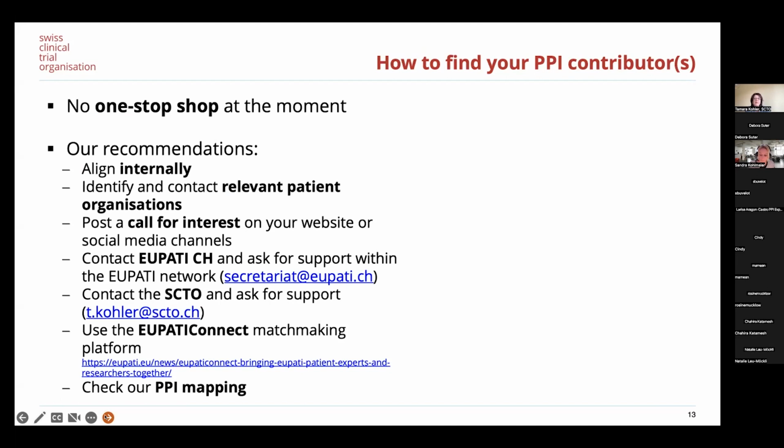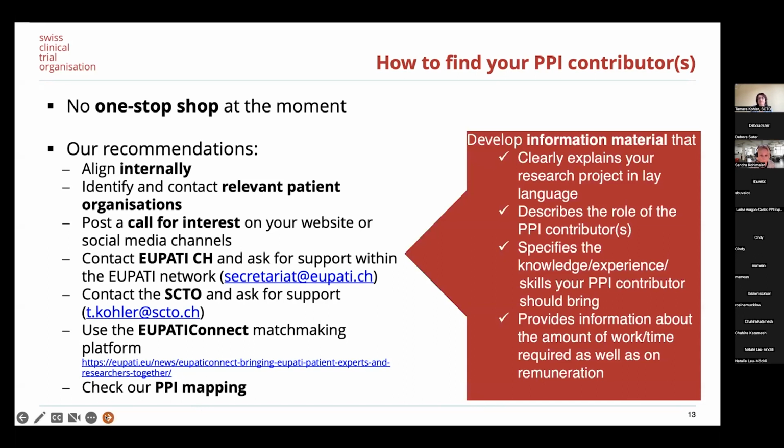You can contact us at the SCTO, and we will try to help you and share the information within our network. You can use the IICT Connect matchmaking platform, or you can also have a look on our PPI mapping. I will give you some more information on the PPI mapping later on and what it is.